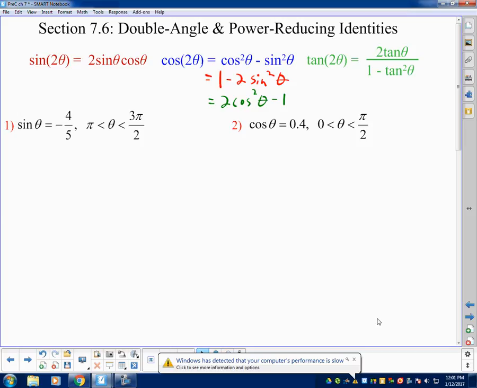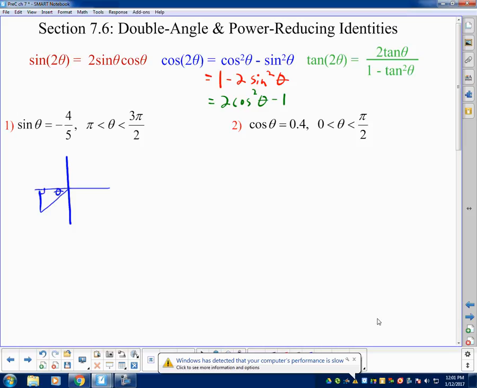So here's what we're going to do. Draw a picture here. Do you know what this is telling me? Where am I to draw my right triangle according to this? Between pi and 3 pi over 2. Which quadrant is that in? Left, bottom one. Yeah, so it's down here. So it'll look like this. There's my generic triangle. There's my right angle.